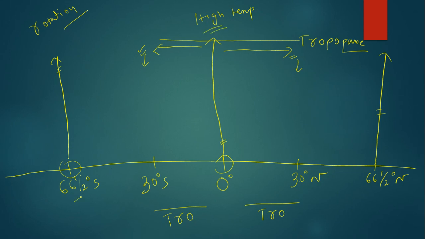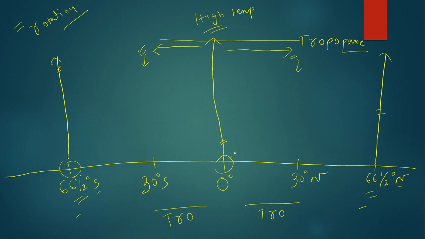Similarly, from 66 and a half degrees in the northern and southern hemispheres, the air is moving upward. Here the temperature is less, so it is not due to high temperature, but still the air is moving upward. Why? Because of the rotation of the earth.